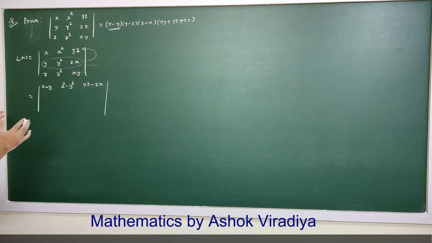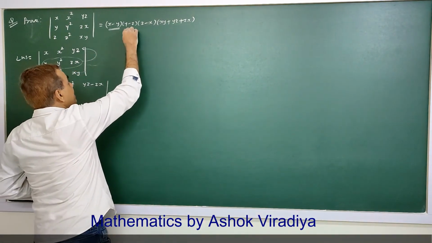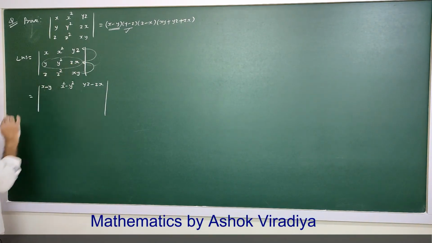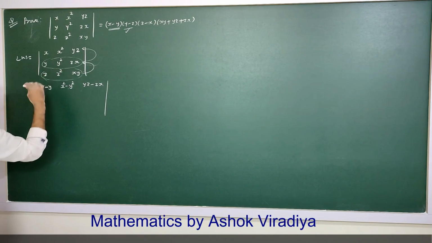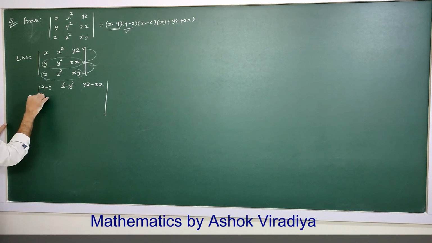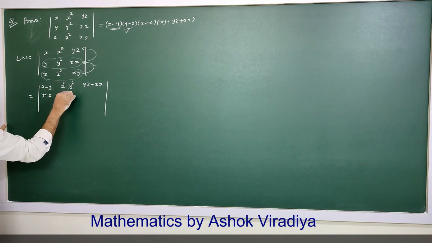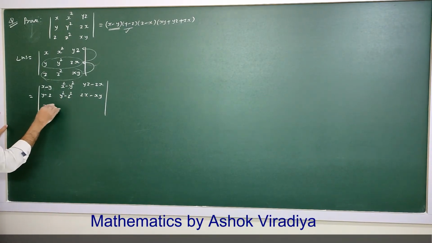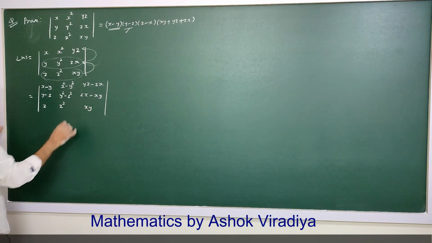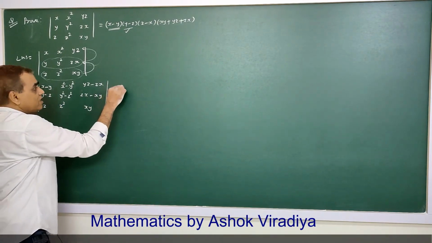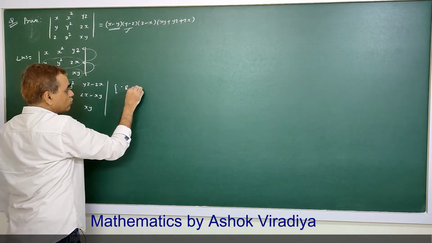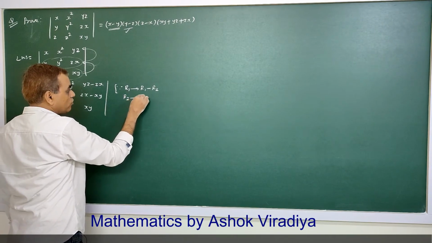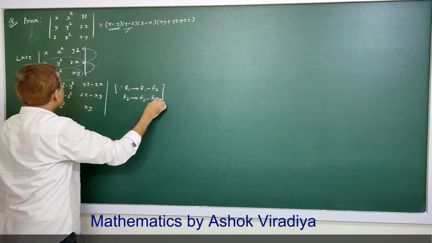Now in the same step we can also produce y minus z, for which we subtract the third row from the second row. So y minus z, y square minus z square, zx minus xy, z square, xy. So in the first row, the second row is subtracted, and in the second row, the third row is subtracted.